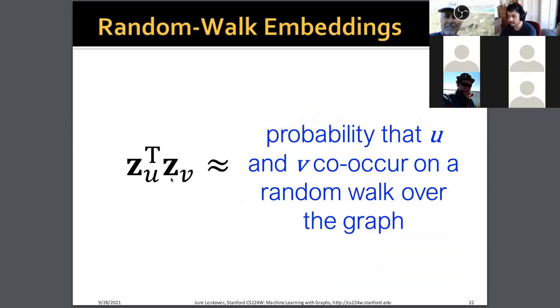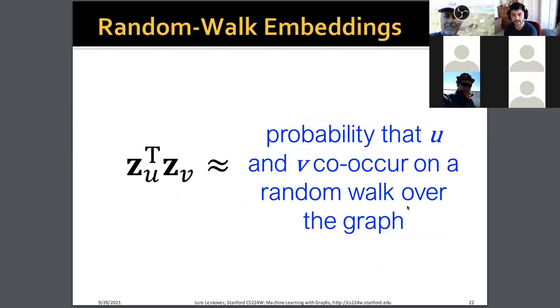So the thing that we're trying to find eventually is the probability that U and V will co-occur on a random walk over the graph. We start at node U. What are the odds that we hit node V when we do a random walk like that? We do a bunch of random walks, and we find that 10% of the time we hit node V, for example.